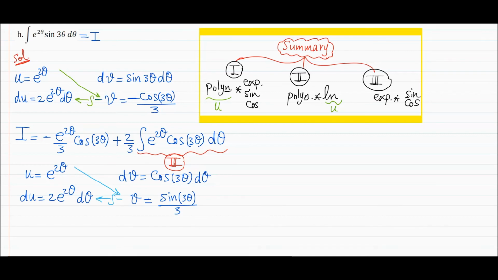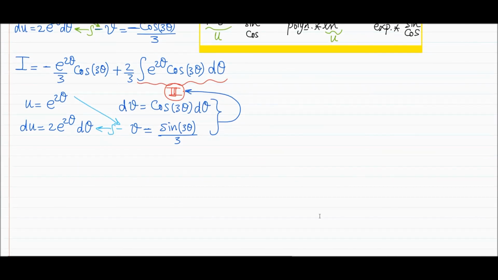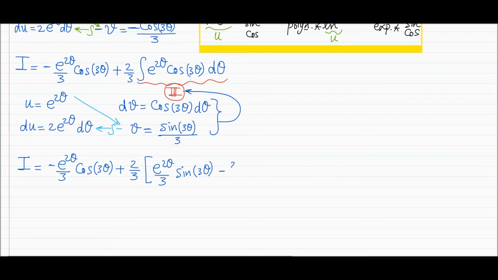All of this will be used instead of this integration, so I have to write all of what I wrote at the beginning. So I equals negative e^(2θ)/3 cos 3θ plus 2/3, and I should open a bracket here, e^(2θ)/3 sin 3θ minus 2/3 integration of e^(2θ) multiplied by sin 3θ dθ.